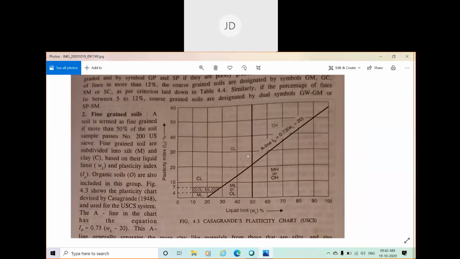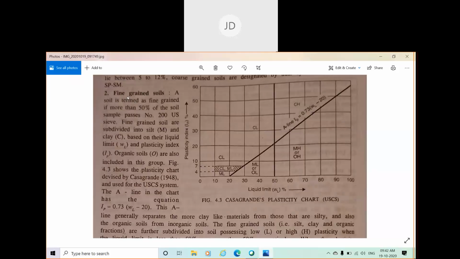First of all, you have to know fine-grained soils are divided mainly into two types: one is clay soil, another is silty soil. Clay and silt, and it may also contain organic matter. So organic soil is also classified under this type of soil.